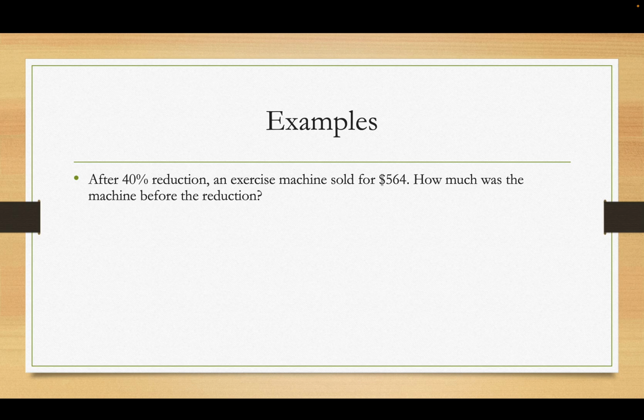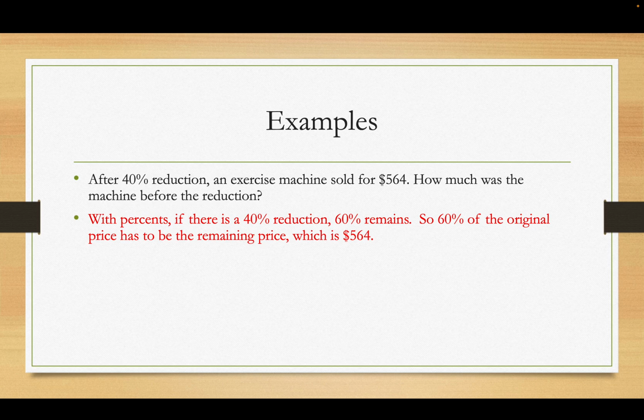Okay, so if you've reduced the price 40%, then 60% remains. So 60% of the original price has to be the remaining price, which is $564. Now, of in mathematics means to multiply. So 60% of the original price, call the original price N, has to be 564.